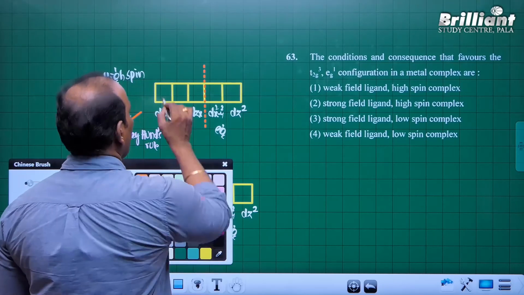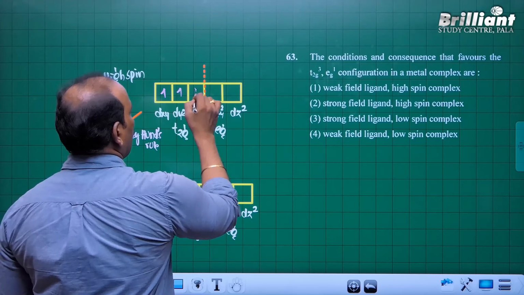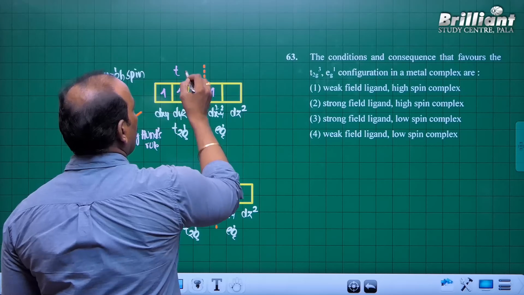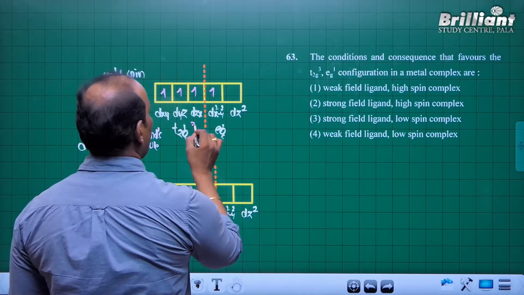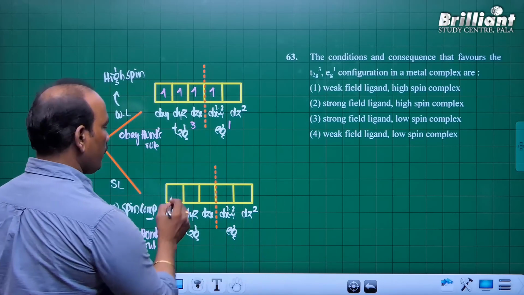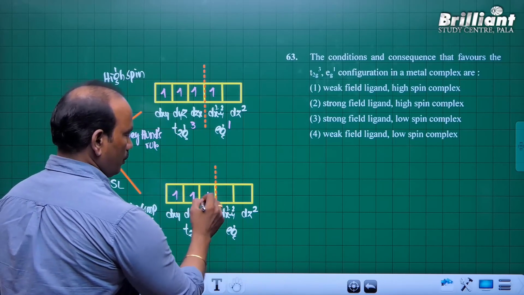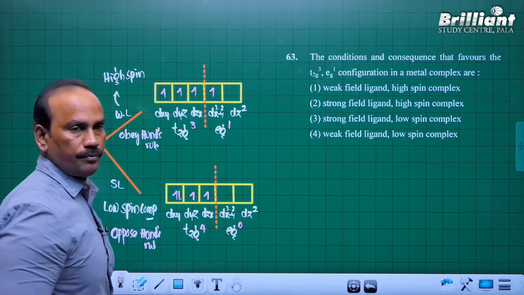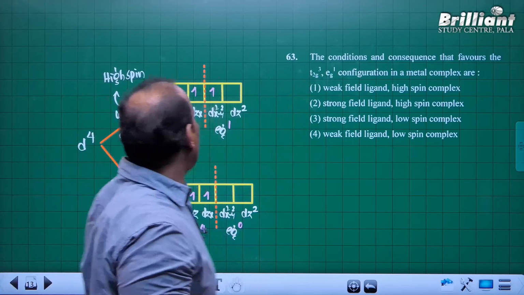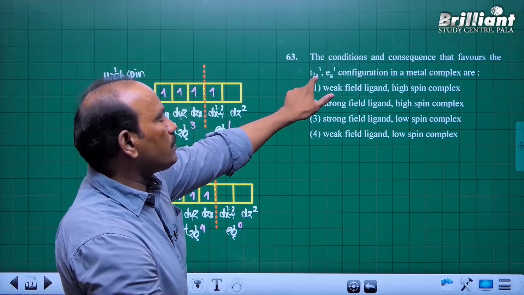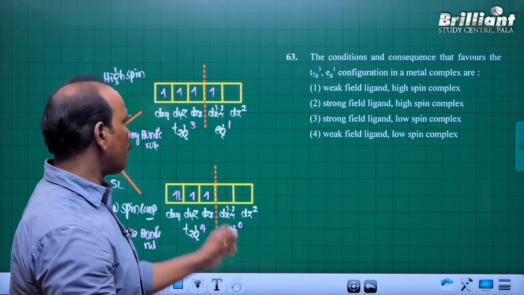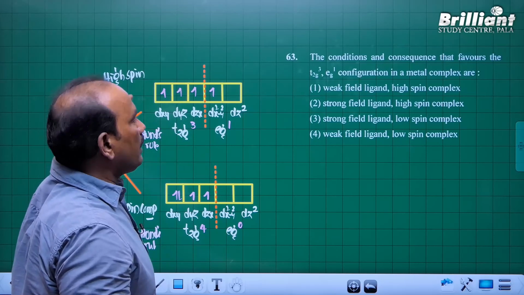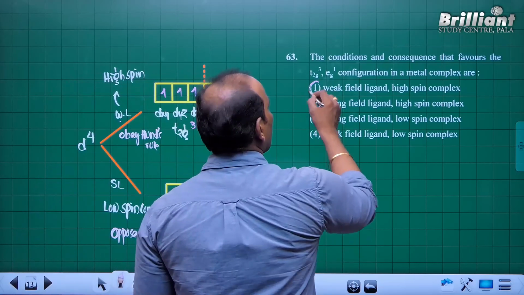In this one, 1, 2, 3, 4 obeys, that is t2g3 eg1. Now opposing Hund's rule 1, 2, 3, 4 means t2g4 eg0. Now this kind of configuration t2g3 eg1 is given. That is why we are going to the weak field complexes. That means weak field, weak ligand and high spin. So option is this one.